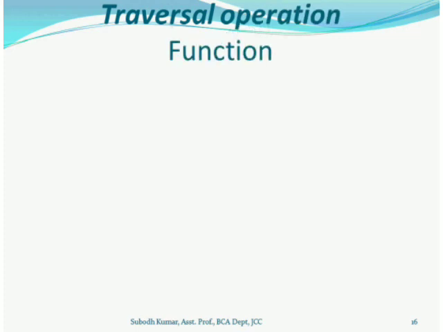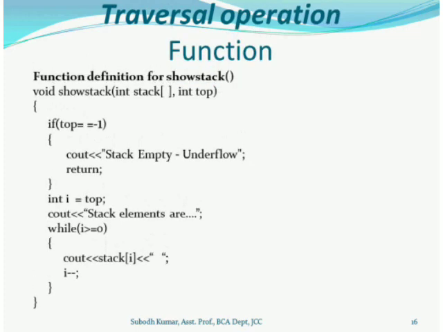Now let us see the function definition for the traversal operation. The function name is show stack, and the arguments are stack, and the second argument is top. In the beginning we have checked whether the stack is empty or not. If top equals to -1, then print stack empty, that is underflow, and return to exit from the function.